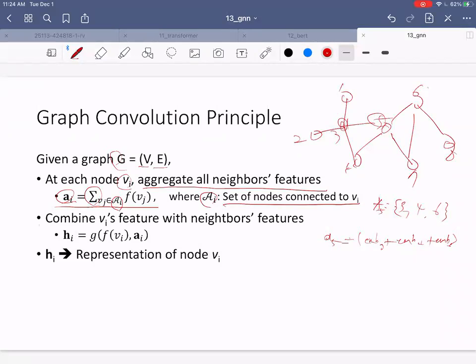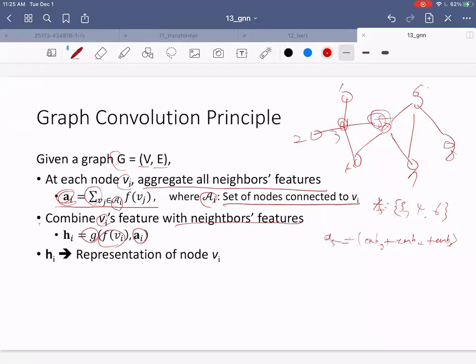Once you've done that, you move on to the combination part. You combine Vi's feature, the center node's feature, with the neighbors' features. You've aggregated the neighbor features, and now you want to combine them with the features of the target node itself, F_v and A_i, using some other function, a G function.